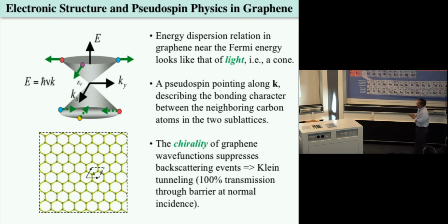It describes the bonding character between the neighboring carbon atoms in the two sublattices that form graphene. It is this chirality of the graphene wave function which suppresses backscattering and leads to a number of interesting properties of graphene. For example, Klein tunneling.